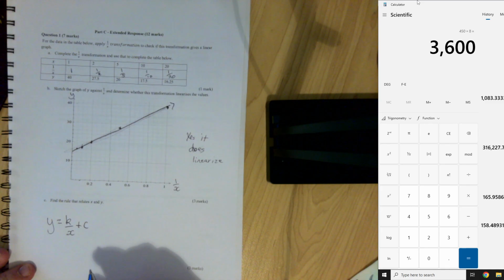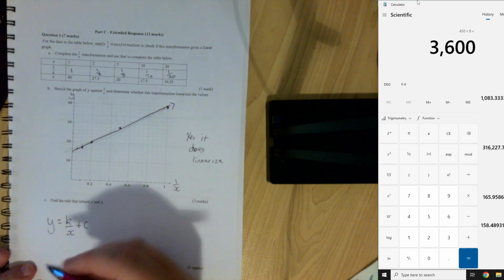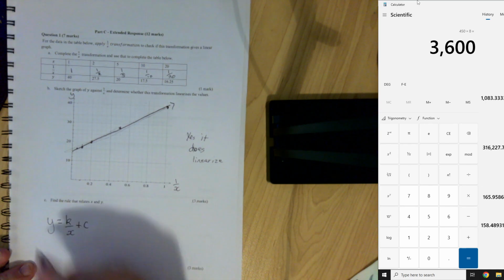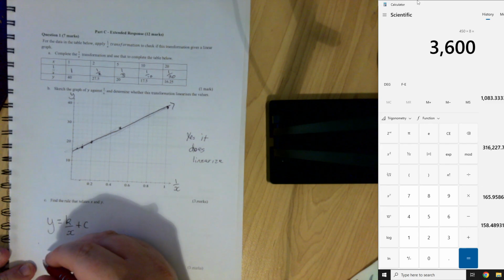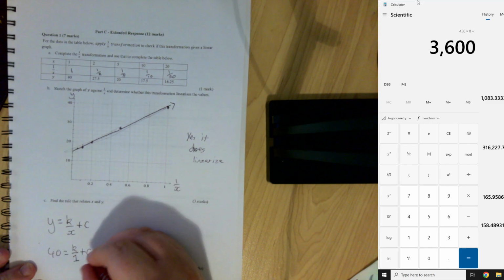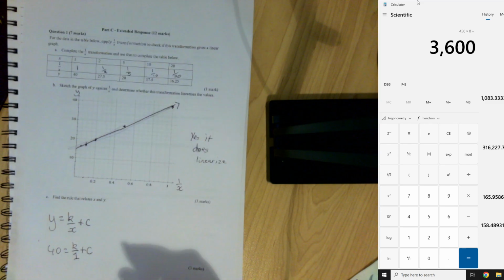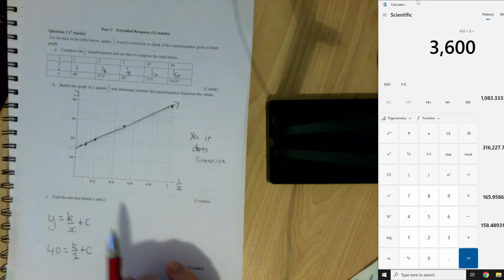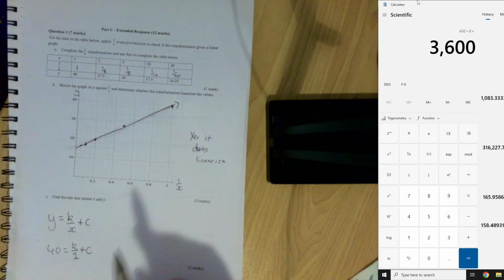All right, let's go. We've got 1 and 40, which is probably a nice one. So 40 equals k on 1 plus c. So I'll use that to solve eventually. And I've got to use 2 points on here to find k, which is essentially our gradient.